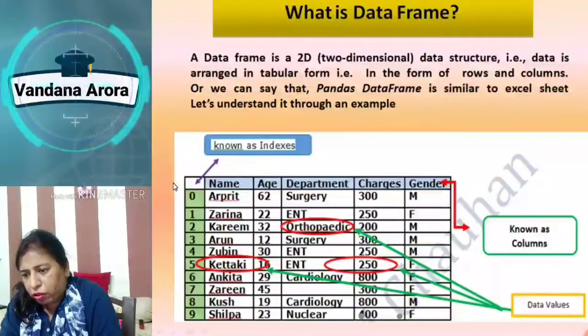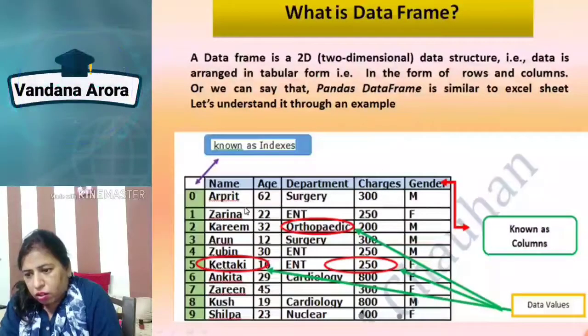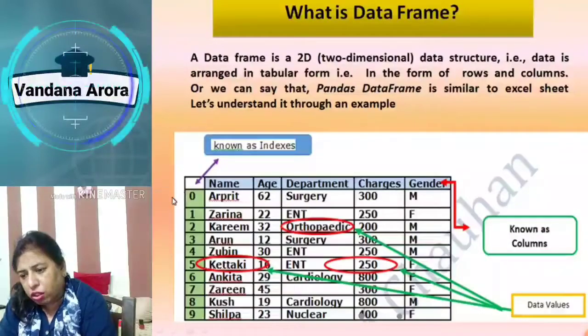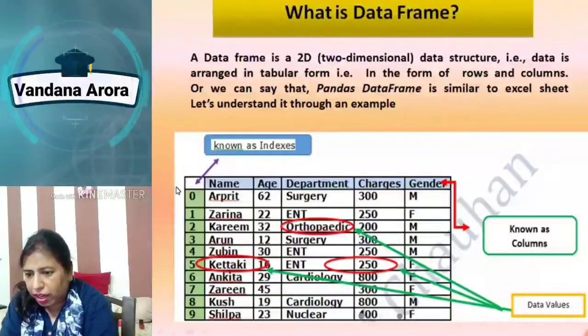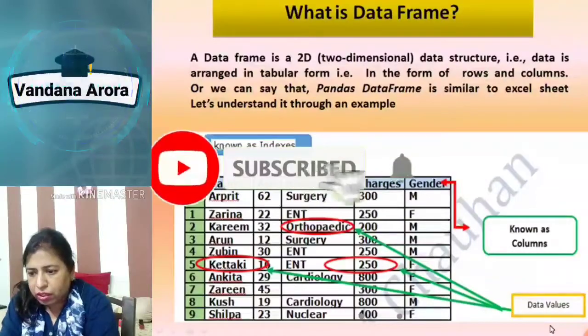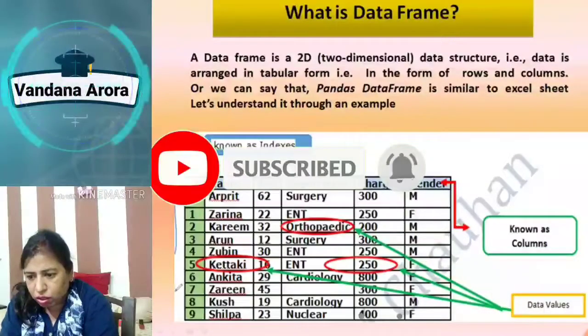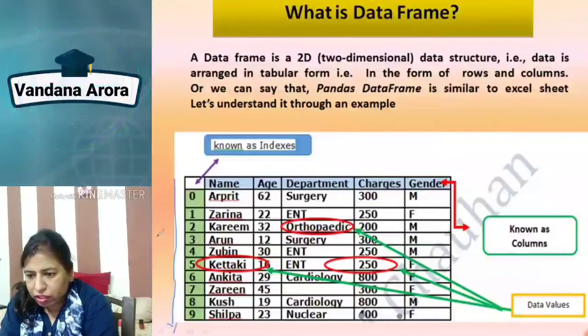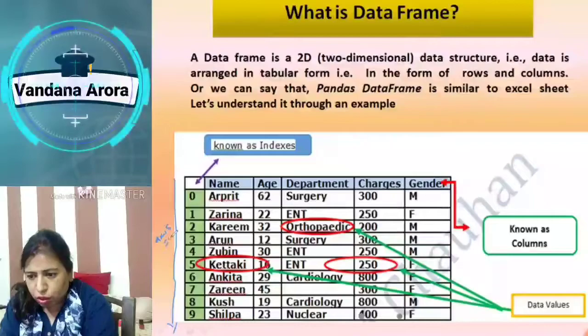In a data frame, we have two axes. One operates on the columns and the other operates on the rows. The axis which operates on the rows is called the vertical axis. If I am drawing this vertical axis here, it is called the rows axis, and its value is axis equal to 0 in Python pandas.